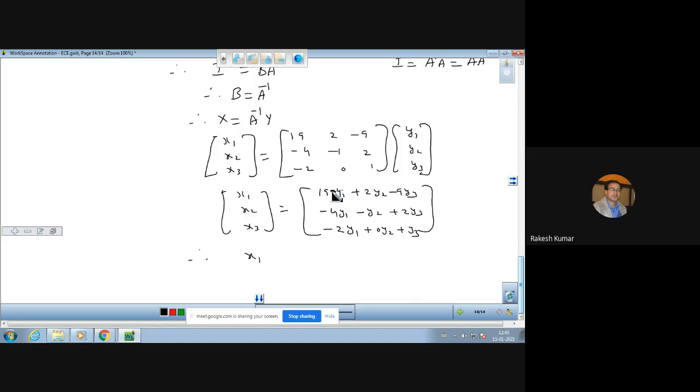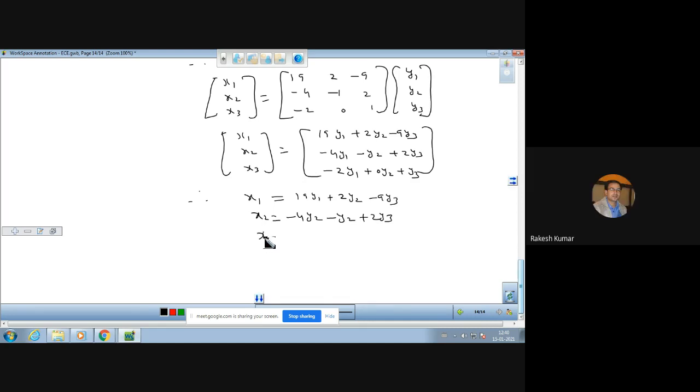So x1 will be the same as the first element: 19y1 plus 2y2 minus 9y3. x2 will be minus 4y1 minus y2 plus 2y3 and similarly x3 will be minus 2y1 plus y3 because this is 0. So this is the inverse transformation of the given transformation.